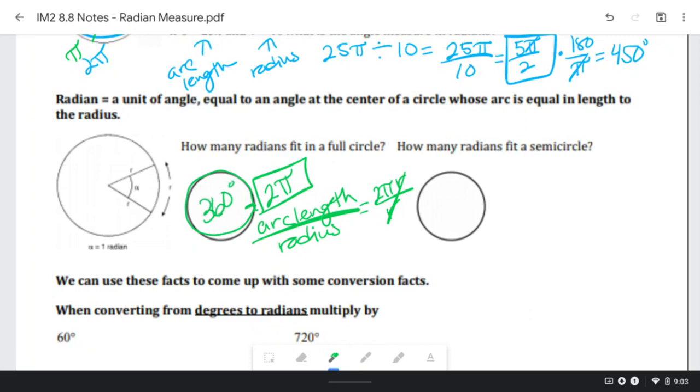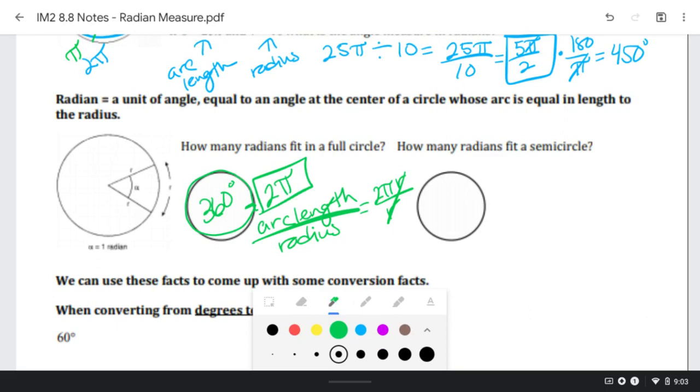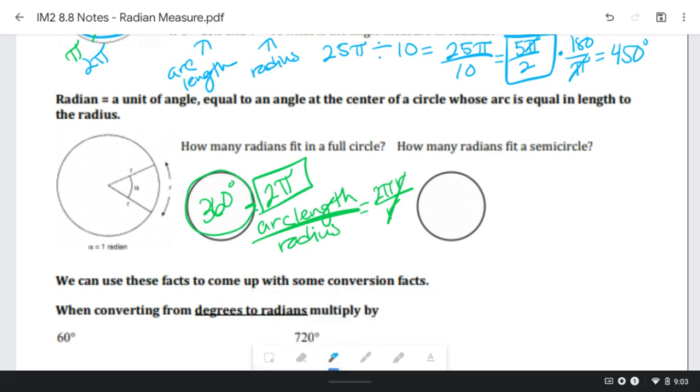So those are exactly equal to each other. And then if you're looking at a semicircle, remember that goes through the diameter. I mean, obviously, if you know a full circle is 2 pi, then that's going to be pi. So when you're talking about radians, it's pi. And that's 180 degrees.